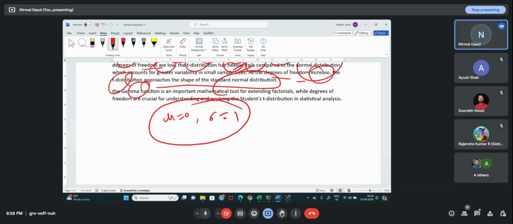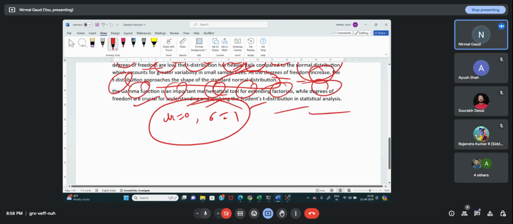The gamma function is also an important mathematical tool for extending factorials. Degree of freedom is crucial for understanding and applying the student t distribution in statistical analysis. And we got the same formula for the student t distribution, which defines the degree of freedom, because we are taking a small sample size.